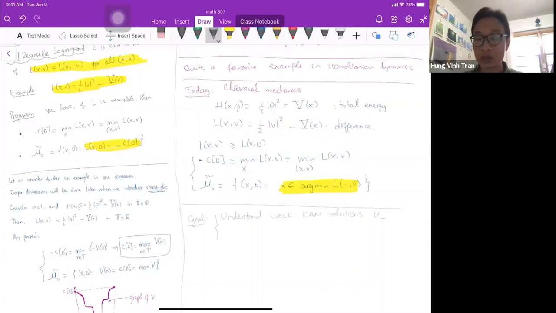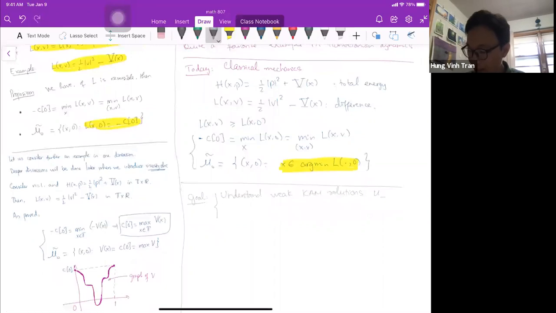In my lecture notes, I only wrote down the part about the solution and left the part about the dynamics hidden so that we can discuss it more tonight. So we want to understand the Weak KAM solutions u and also calibrated curves, or backward characteristics. They are the same objects. So that's our goal.